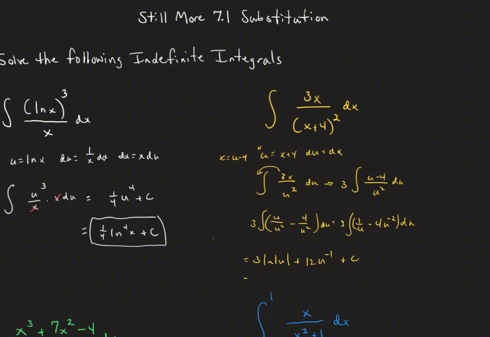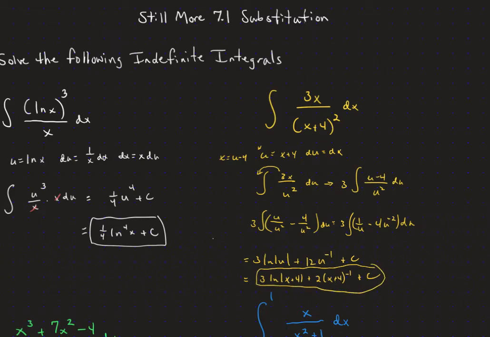And then finally, we'll go back to our x's. So that's going to be 3 times the natural log of x plus 4, and then a plus 2 times x plus 4 to the negative 1, plus c.